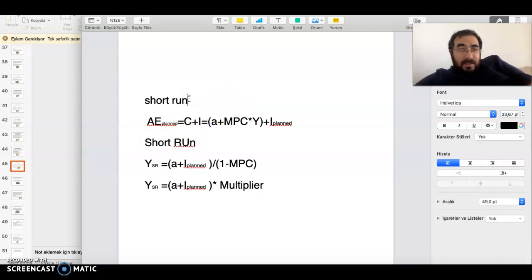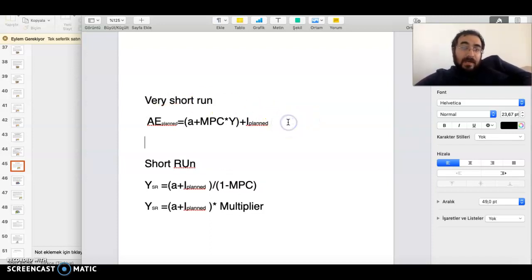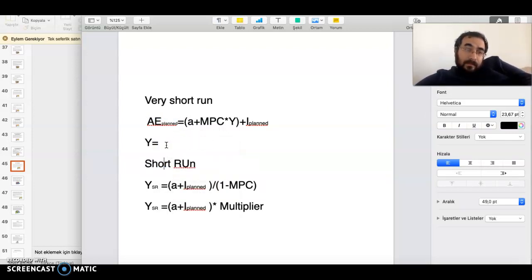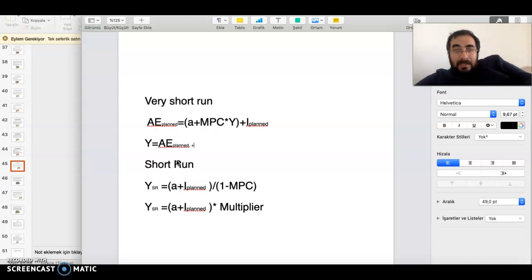I mean, in the very short run, we still have this equation going on. And in the very short run, we have another thing. Y is equal to AE planned plus I unplanned. I will deal with the sizes in a minute.